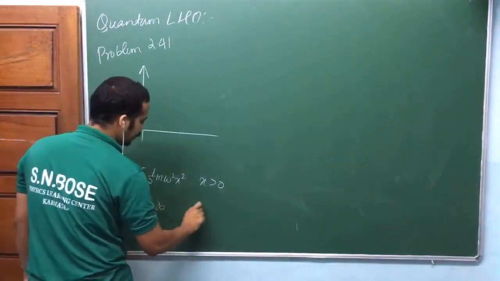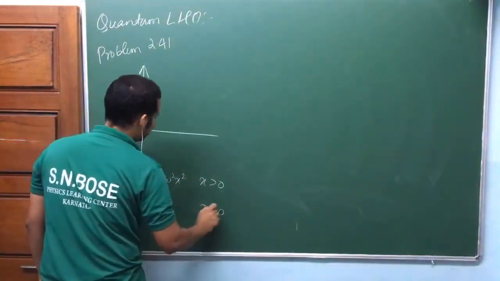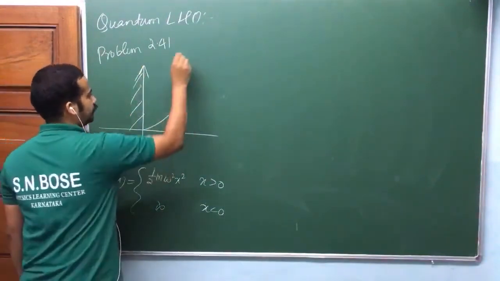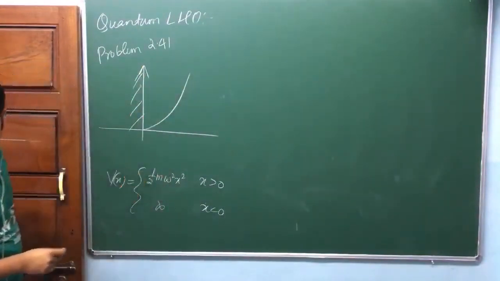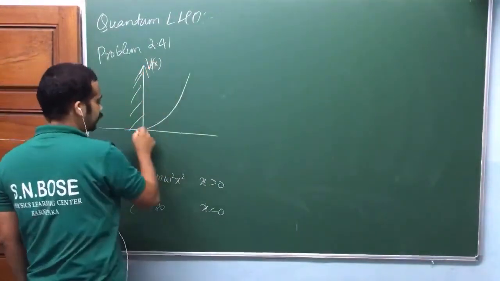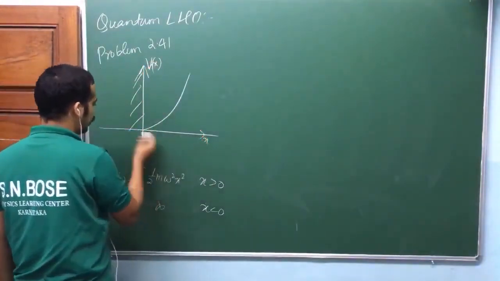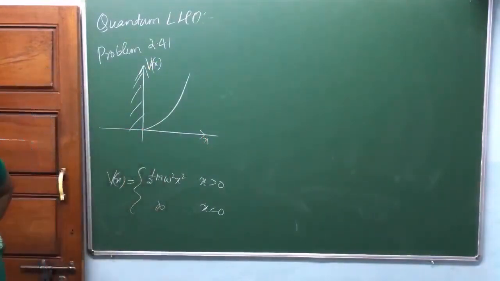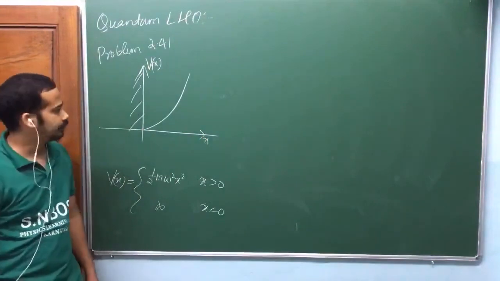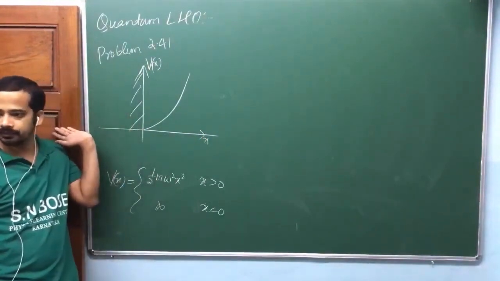It is infinity when x is less than 0. We symbolically draw like this. Is that okay? This is parabolic when x is greater than 0, okay? It is infinity when x is less than 0. It means the particle cannot enter this region.